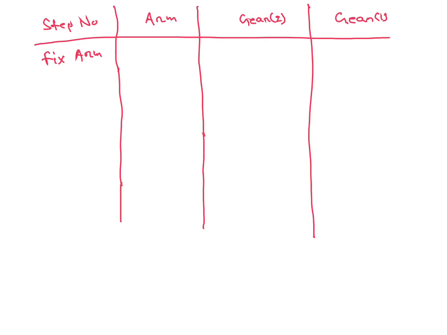So arm revolution is 0 and we will rotate gear 2 plus 1 turn. Then gear 1 will rotate minus T2 by T1. It's minus because they are externally connected. If they are internally connected or internal gear, then this sign will be positive.